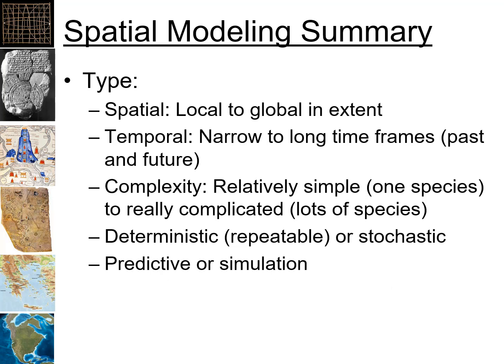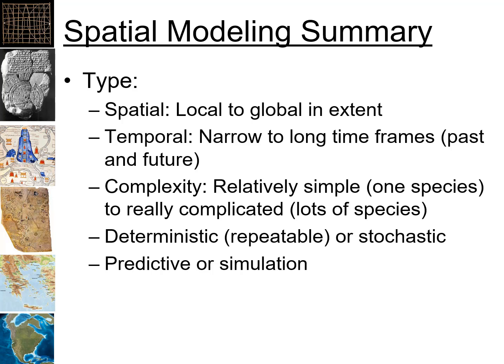All right, so different things to consider when you're doing modeling are the spatial extent, local to global, and temporal, narrow to long time frames. Also, when we go into the past and the future, we have to do special things, especially in the future.